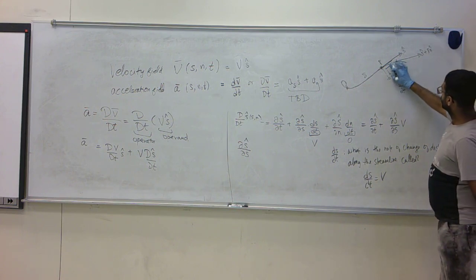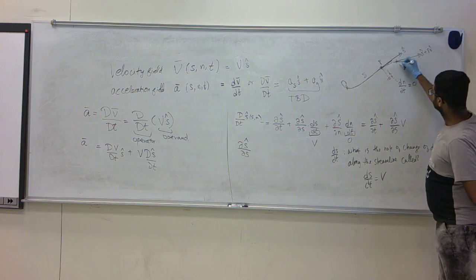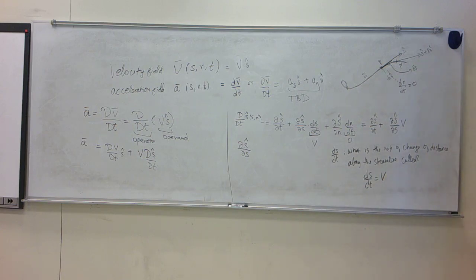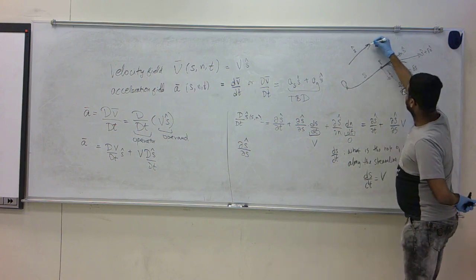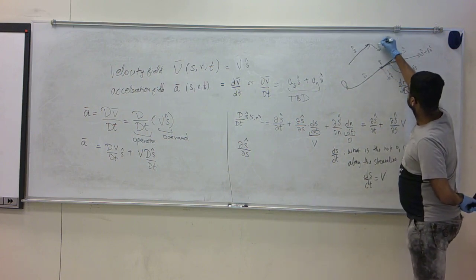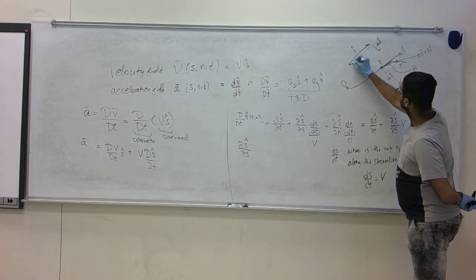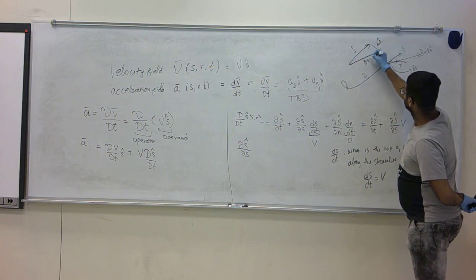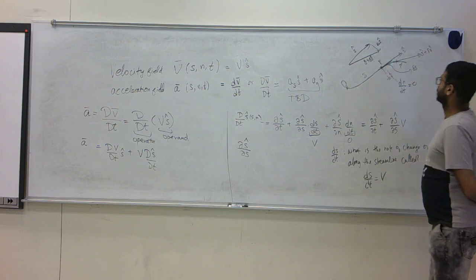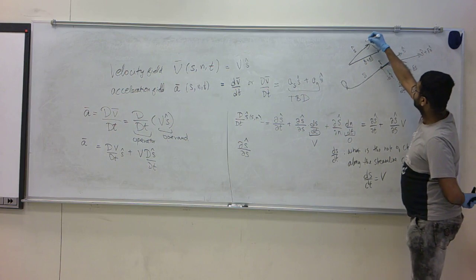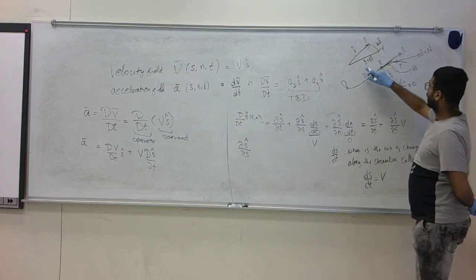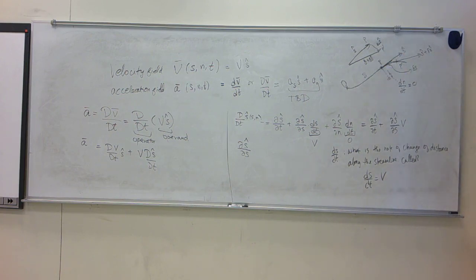The distance between P and P dash is approximately delta s. By traversing a distance of delta s between P and P dash, I get to s plus delta s.